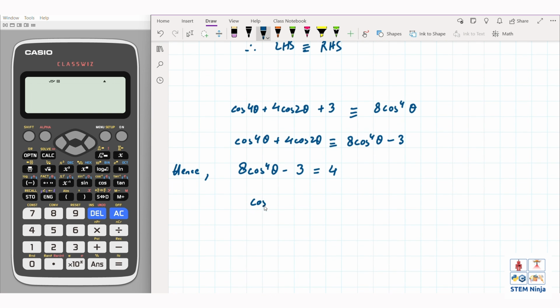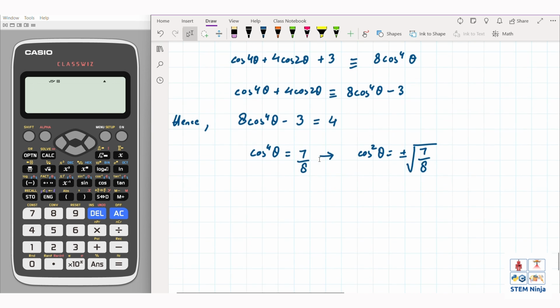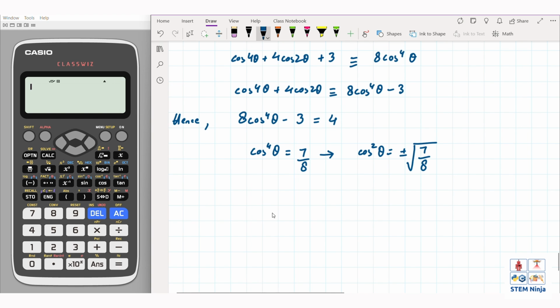So first off, we rearrange for cos raised to power 4 theta, 4 plus 3, 7 over 8. Then we take the square root. Cos squared theta is equal to plus minus root 7 over 8. Now, obviously, we cannot take the square root of the negative square root of 7 over 8.